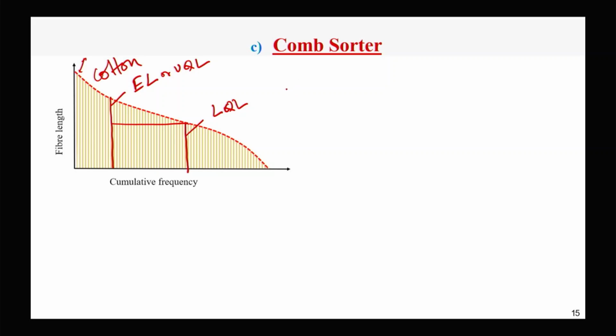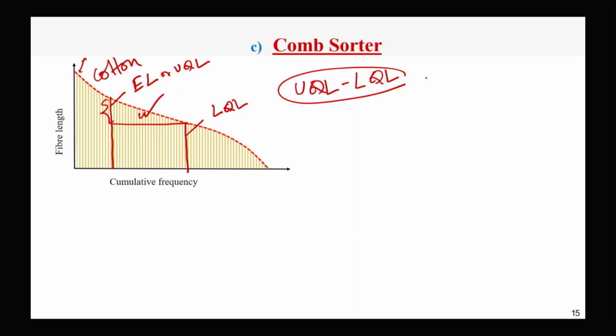Interquartile range means upper quartile length minus lower quartile length. This difference, this distance, actually shows the dispersion, how the length is varying.